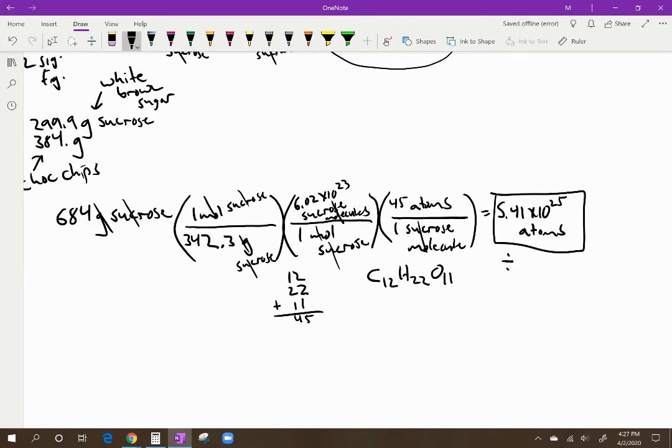If you divide by the number of cookies that you made, then you can find out how many atoms are from the sugar molecules in the cookies on average that you're eating, right? Divide by number of cookies and you can get in one cookie. And this times 10 to the 25th, really this number would look like this. We would have a lot of other digits, but we don't want to write all that.